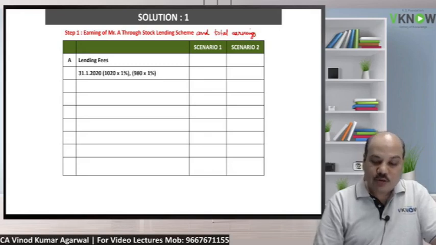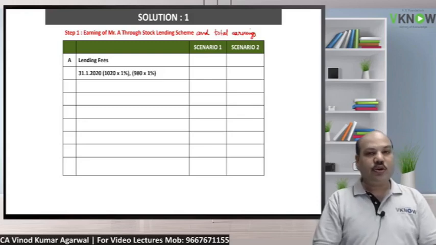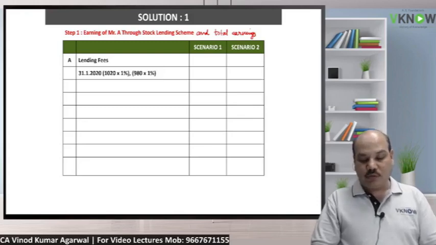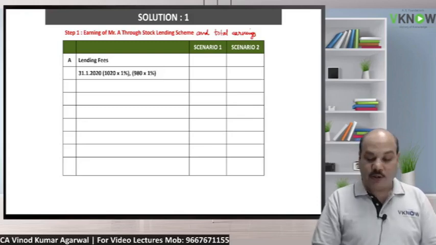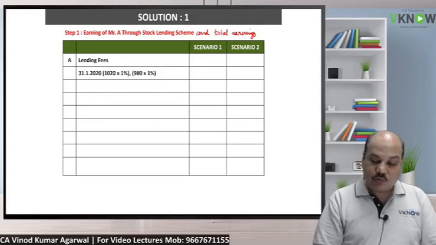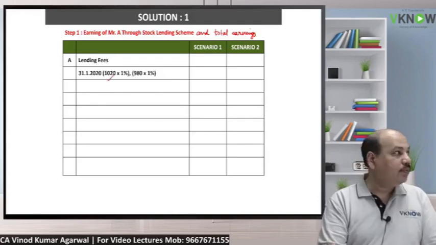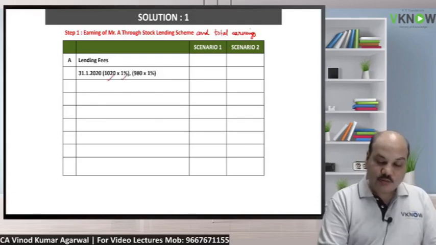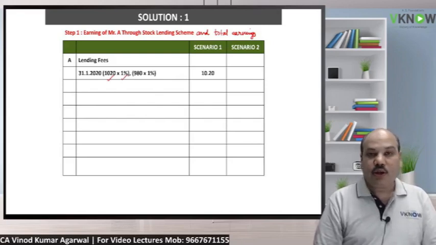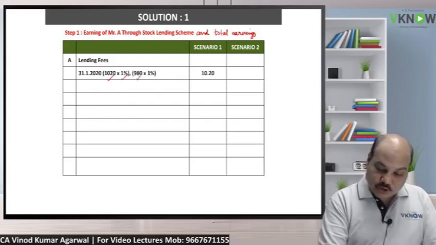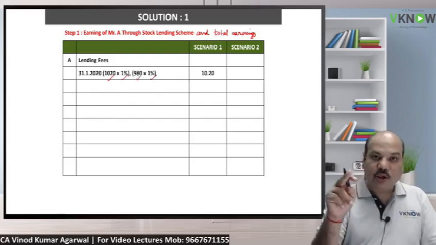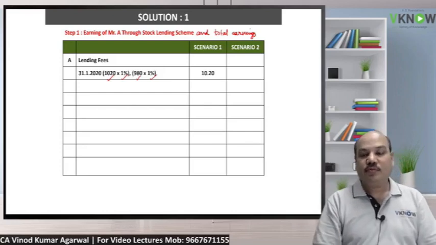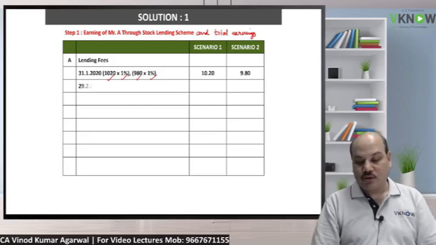So first we write down 31st January 2020. In scenario 1 the price is 1020 into 1%, 10.20. In scenario 2, 980 into 1%, 9.8.